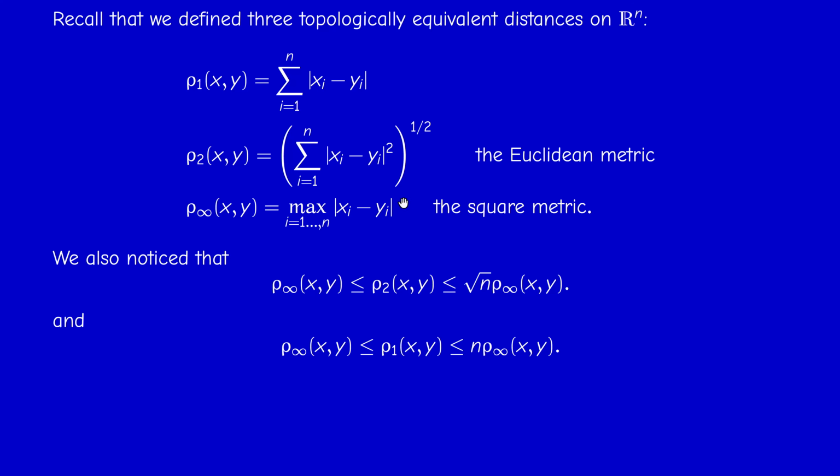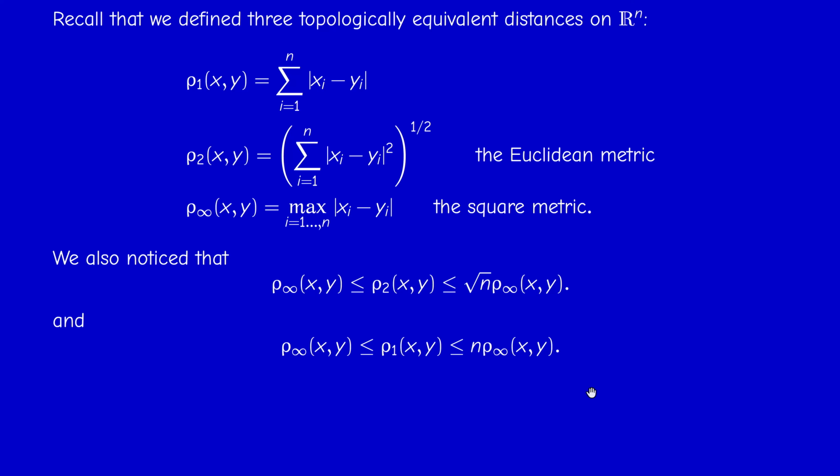But actually, we need more than just topological equivalence, because now when I say that a subset is bounded, I need to specify with respect to which distance it's bounded, because I will give a counterexample now. These inequalities tell me that if a set is bounded for ρ2, then it's bounded for ρ∞. And if it's bounded for ρ∞, it's bounded for ρ2. And same thing for ρ1 and ρ∞.